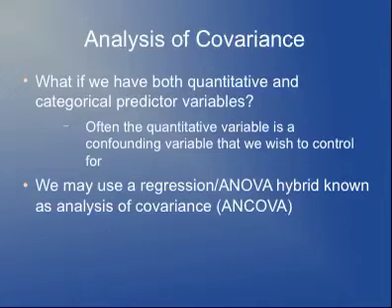So this quantitative variable was a confounding variable that she wanted to control for, taking into account that regardless of which disinfectant you're using, more cells will die if the concentration is higher. Are some disinfectants more effective than others?